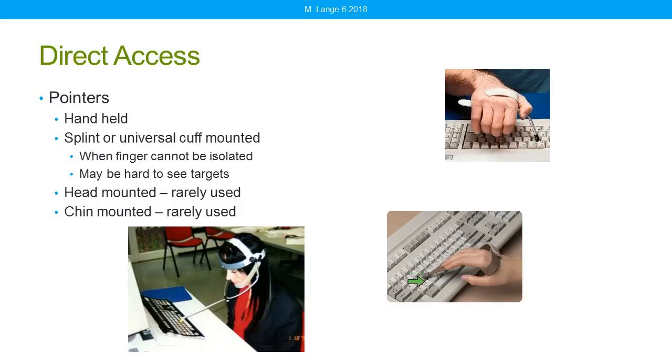It can fill that function. One of the challenges when we're using something like this is that it's hard to see the target sometimes because the hand is covering a lot of the keyboard, or communication device display. So these can be helpful, but there are some considerations to make sure it's really going to work well for the client.